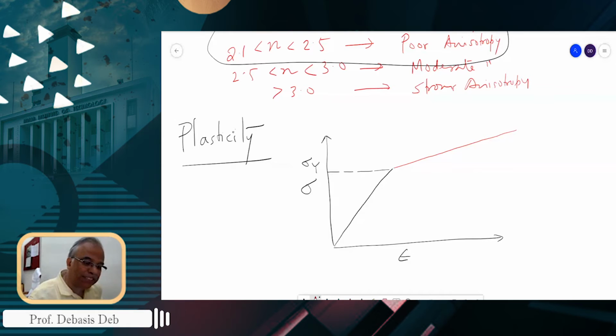Always remember that this part is never a straight line, but for simplicity we are assuming it as a straight line. So this was supposed to go this way, but this material has yielded. That means some crack or some fractures have developed in that material, and it crossed that yield strength. Every material has a certain capacity to take the load.